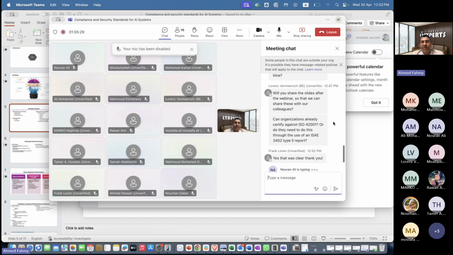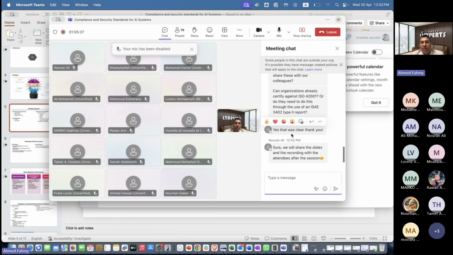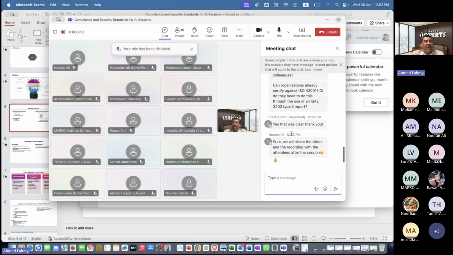Okay, any other questions? Okay, the third: can organizations already certify against ISO, or do they need to do this through the use of a set-up? Actually, yes, organizations can get certified against ISO 42001. In reality, ISO 42001 was newly introduced in 2023. So most of the organizations during 2024 are either in the phase of understanding the ISO standard itself, or understanding the concept of AI management systems.